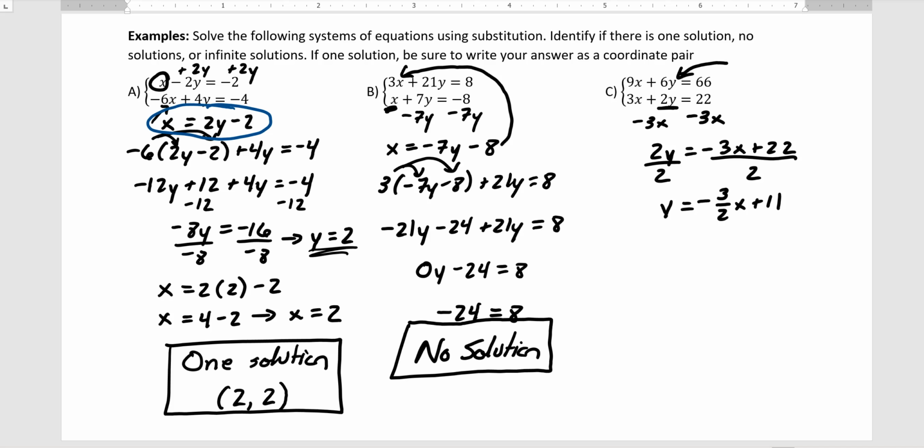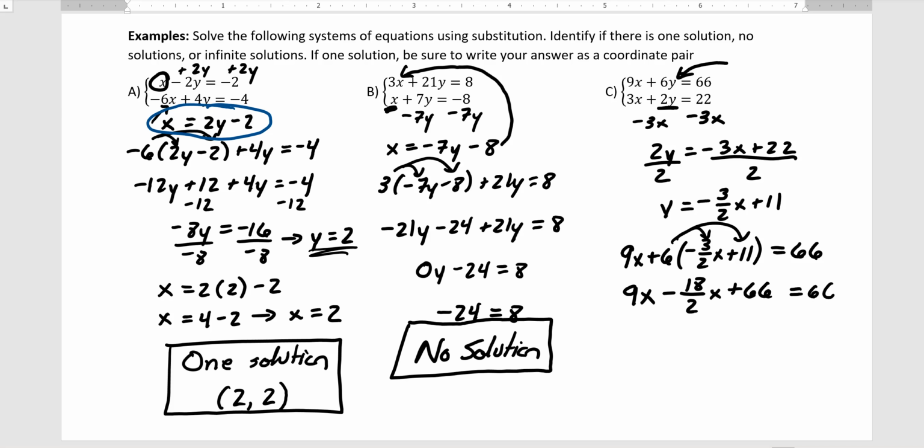So we'll have 9x plus 6 times negative 3 halves x plus 11 equals 66. When we simplify this, we'll get 6 times negative 3 is negative 18 over 2x. 6 times 11 would be 66 equals 66.